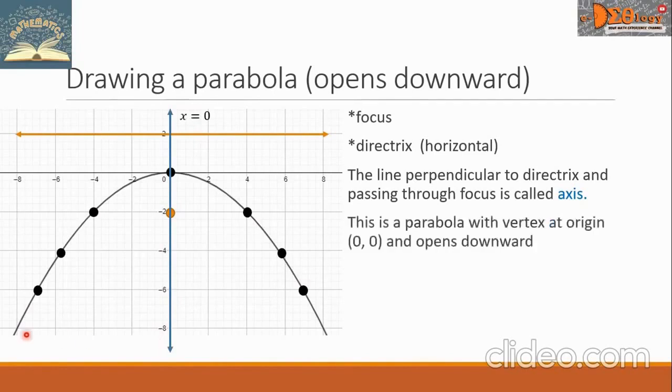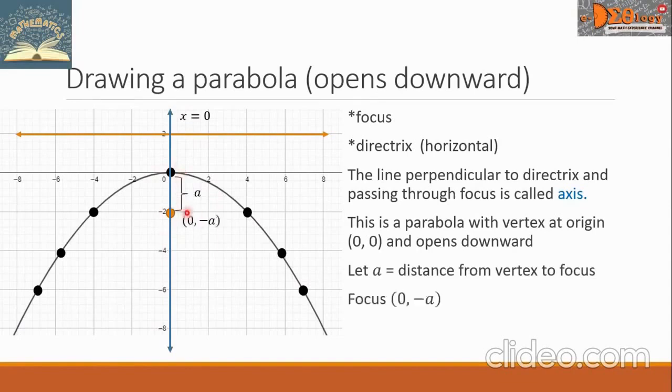This is now a parabola with vertex at the origin, that is (0, 0), and opens downward. We let a be the distance from the vertex up to the focus. So it means to say the coordinates of focus is (0, -a).